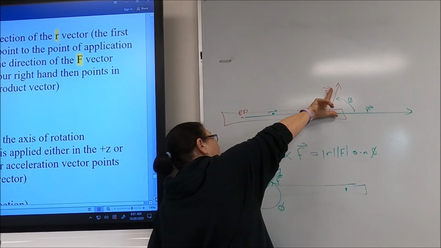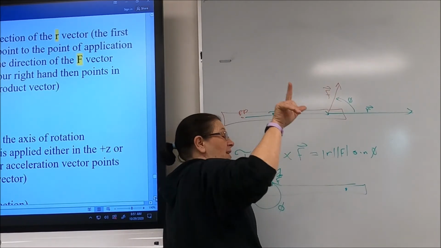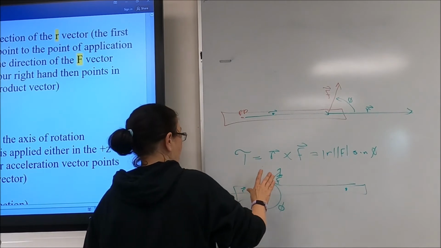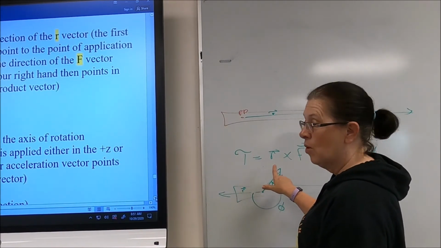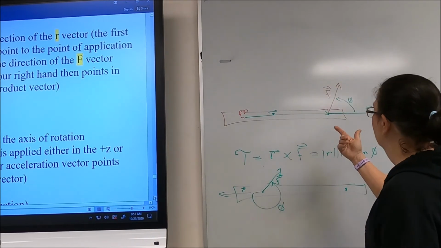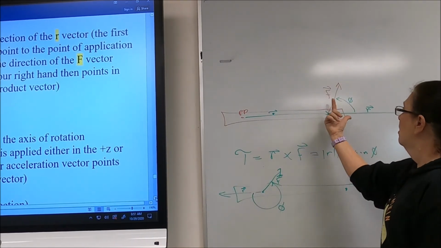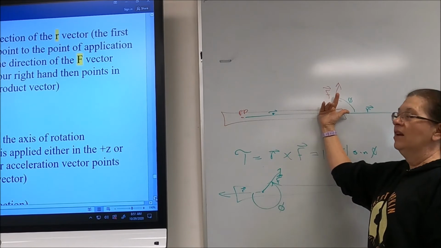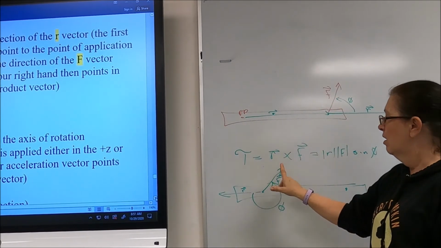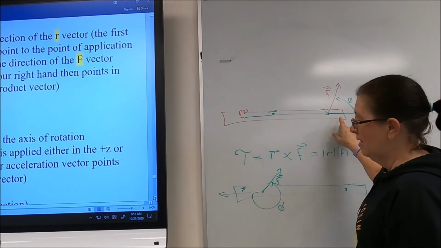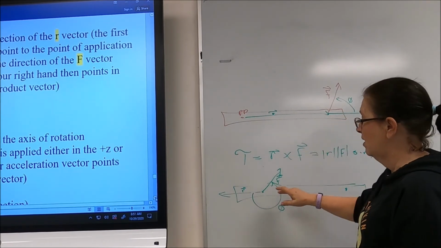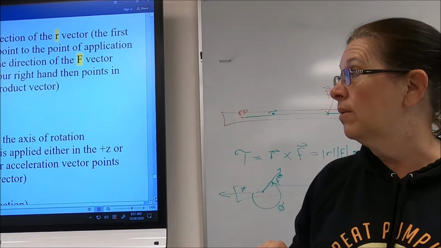You got a positive Z axis. Positive Z is coming out of the board. Here, R cross F is going into the board, I have a minus Z axis. So R cross F out of the board, R cross F into the board. Positive Z-axis torque, negative Z-axis torque.